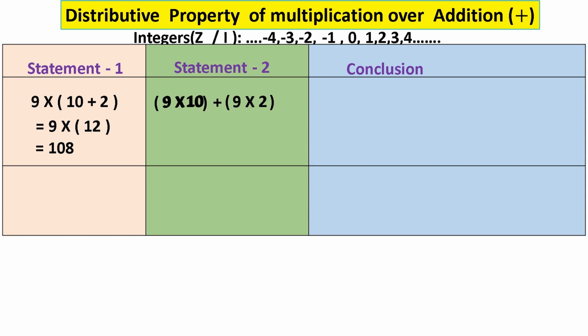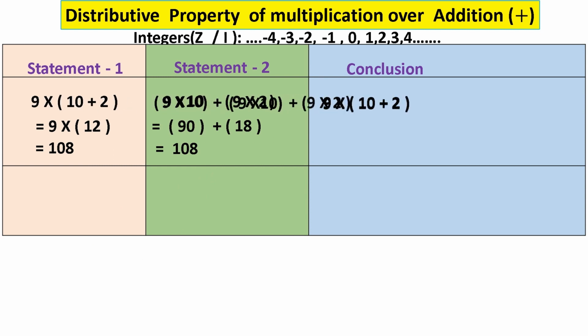So what is the answer in the second statement? 9 into 10 is 90 and 9 into 2 is 18. The sum of these two is 108. In statement 1 and statement 2, we get the same answer. It means 9 of 10 plus 2 is equal to 9 into 10 plus 9 into 2.